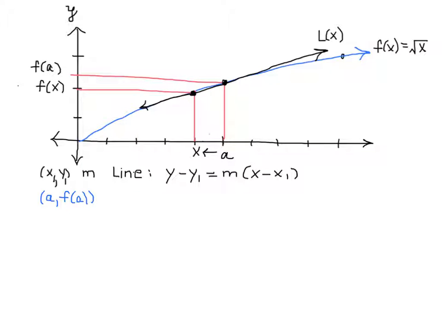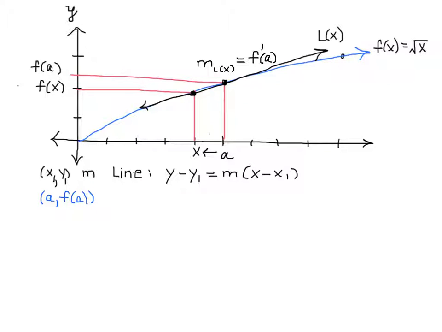And our slope, what would our slope be? What is the slope m of this line, L of x? Can anyone, what would you think it would be? Isn't it the derivative of f of x? Isn't it f prime of x at a, right?